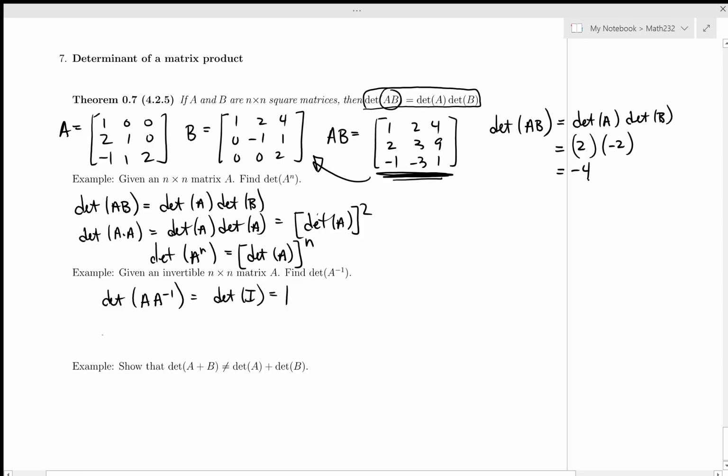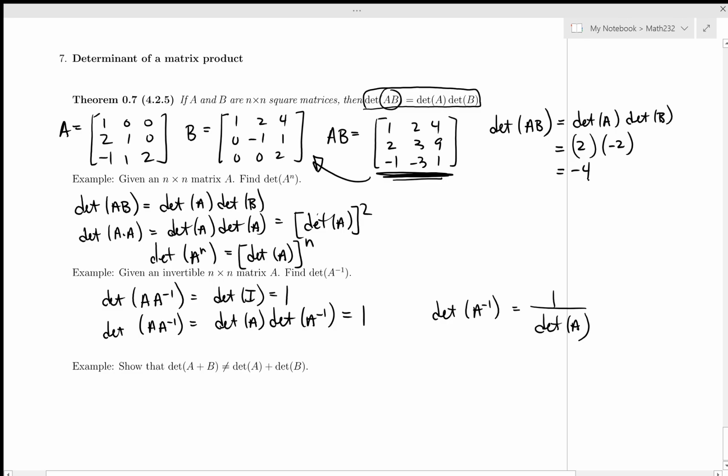Also, the determinant of A times A inverse is the determinant of A times the determinant of A to the minus 1. Those two things are equal, so that is equal to 1. So that means the determinant of A inverse is 1 over the determinant of A.